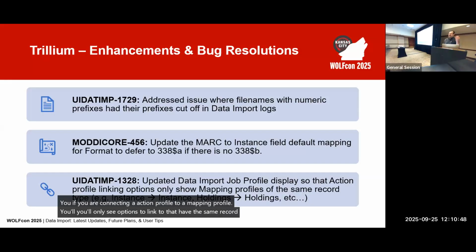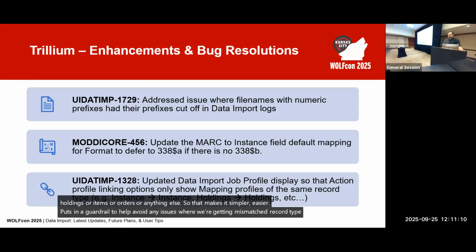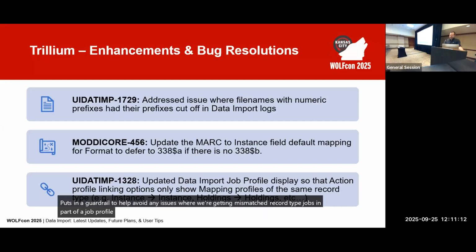So if you have an action profile for instances, you'll only see mapping profiles for instances, not mapping profiles for holdings or items or orders or anything else. So that makes it simpler, easier, puts in a guardrail to help avoid any issues where we're getting mismatched record type jobs in part of a job profile. So that should be helpful for users.